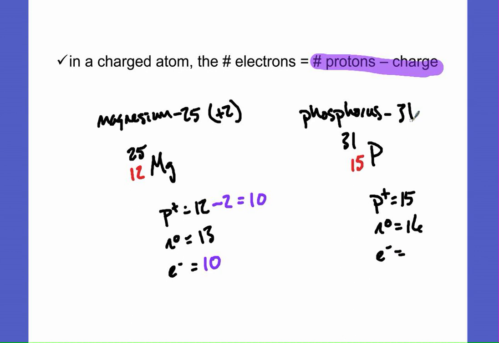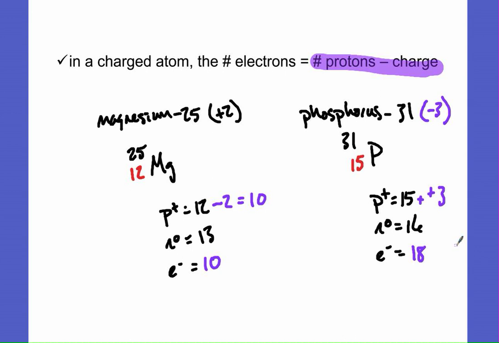Electrons, again, I'm just going to subtract the charge. So this time, and I forgot to give it to you, phosphorus has a -3 charge, right? If the charge is negative and you're subtracting from your protons, if you subtract a -3, you're really adding 3, which should make sense because I need an answer of 18 that is bigger than 15.